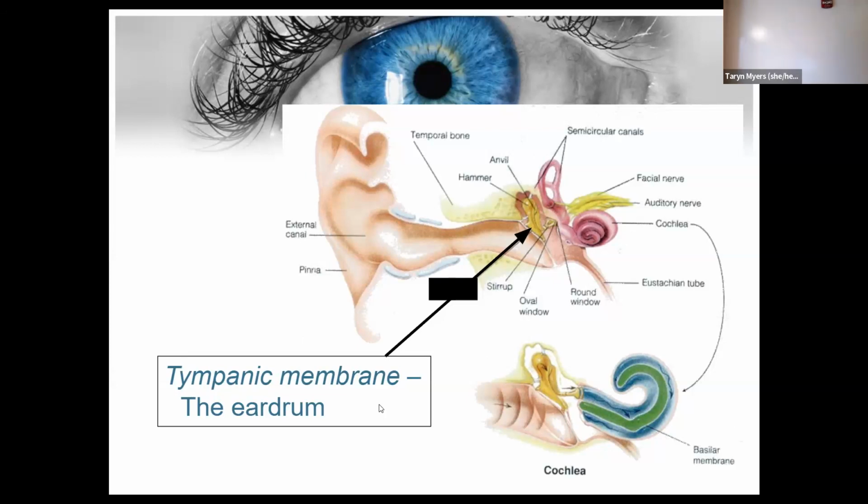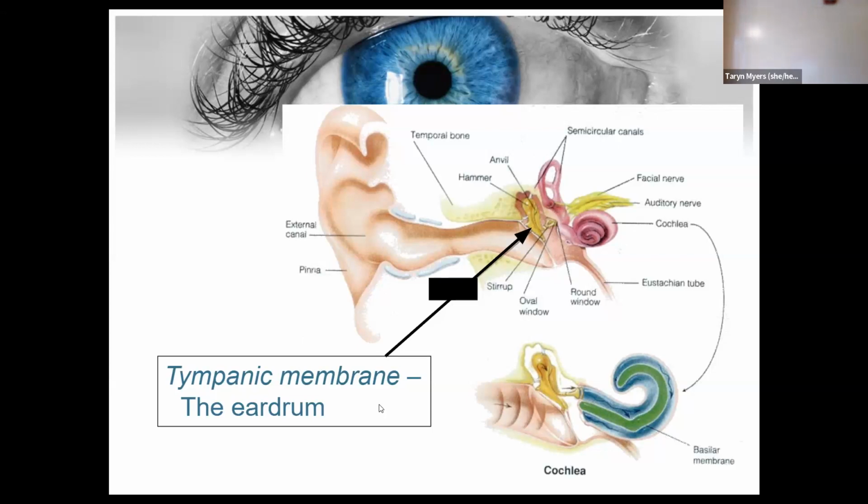The cochlea is filled with a liquid, and as those bones transmit the sound waves to that window, it makes the liquid sway. And there are all these little fibers in there that sway. That is what the auditory nerve actually interprets as sound and takes to the brain.